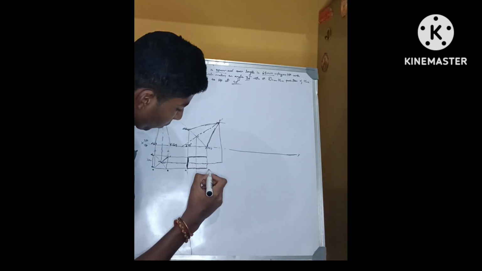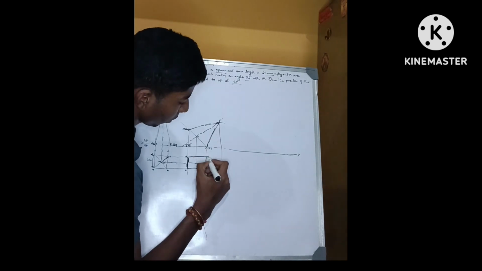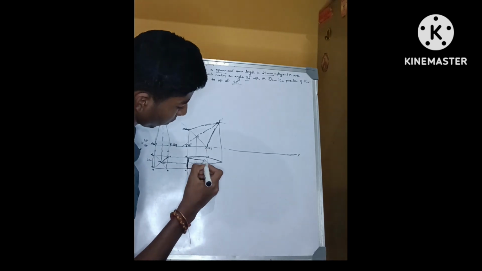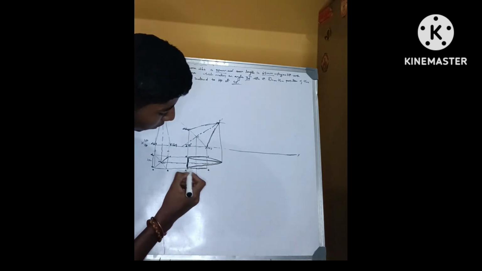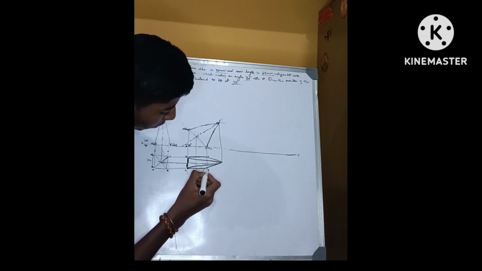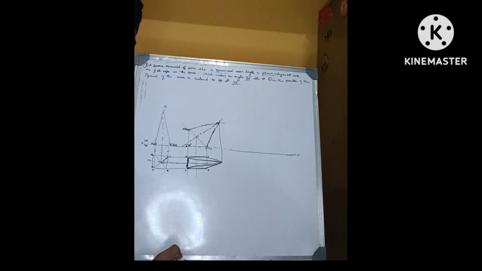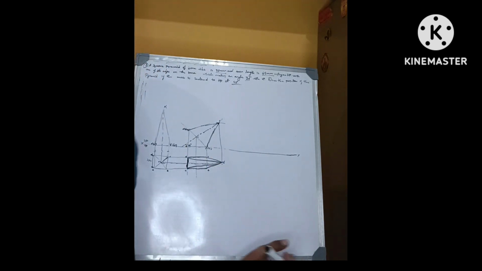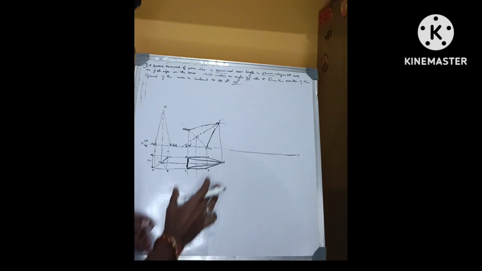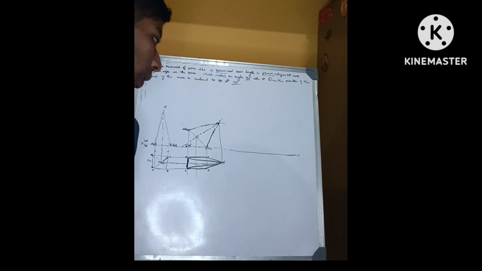And join these points. Give the annotation to it. Next, now our second part gets completed.